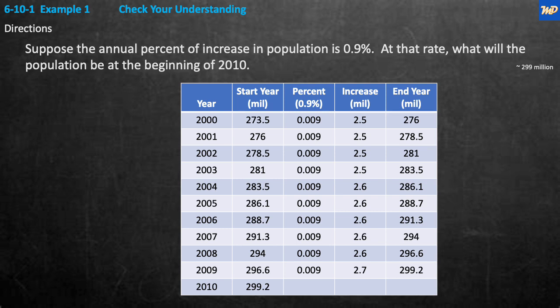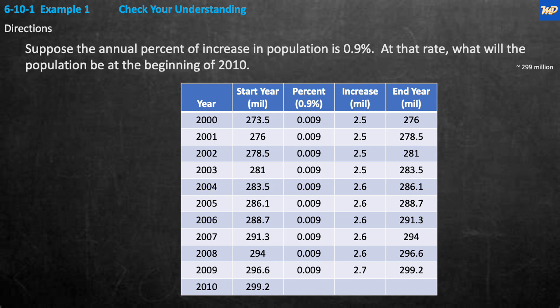Okay, here we are. Example 1, we're back. I'm sure you've created a table. It might look something like mine, maybe not. But while we were gone, I created this table for us to look at. And this is the table of the problem. So now we have the decimal. The decimal for 0.9% is 0.009.